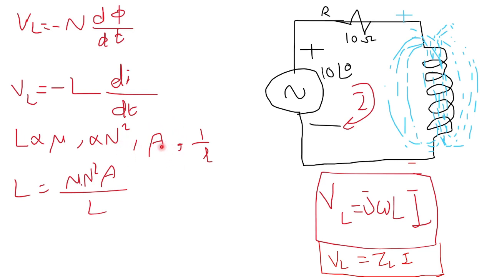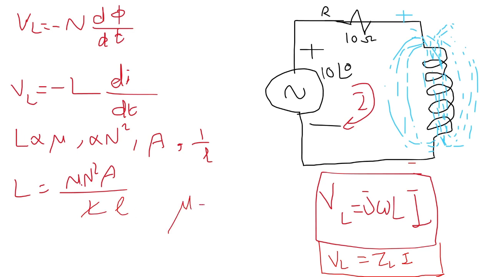It's proportional to the cross area of the coil, and it is inversely proportional to the length of the coil, because increasing the length of the coil with the same number of turns means the distance between the turns increases, and this would affect the magnetic flux density. So L equals mu permeability multiplied by N squared multiplied by the cross-sectional area of the coil divided by l. I'm sorry, this is small l.